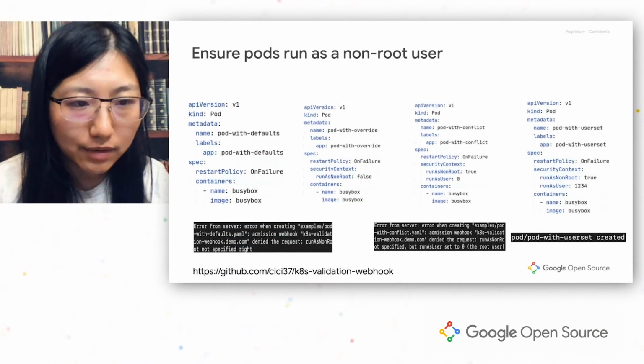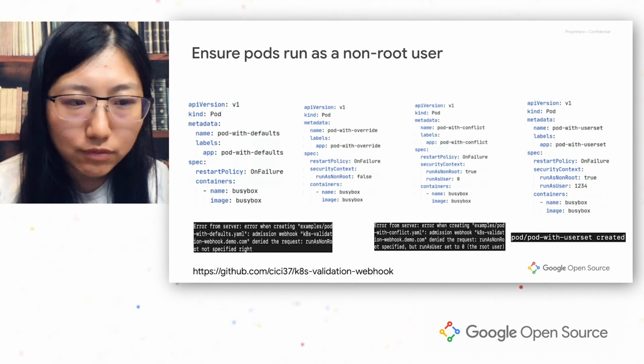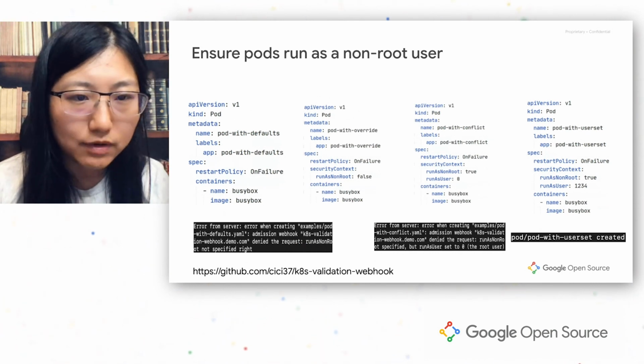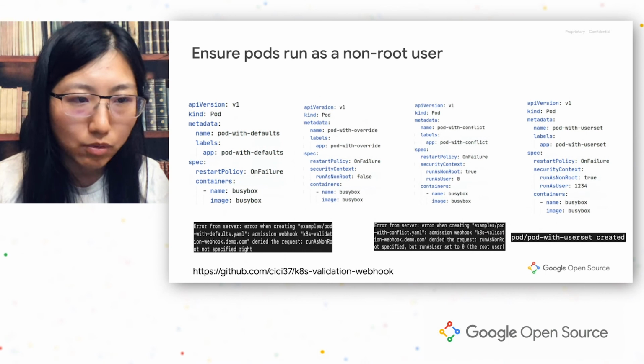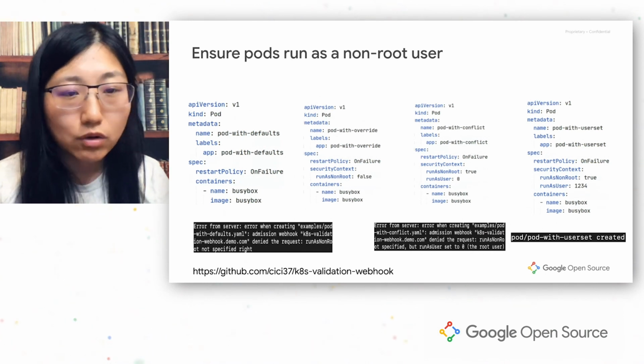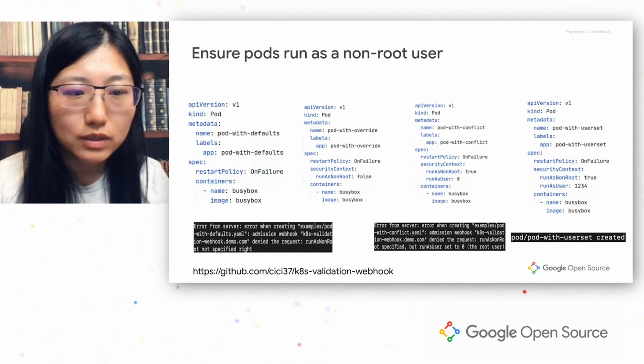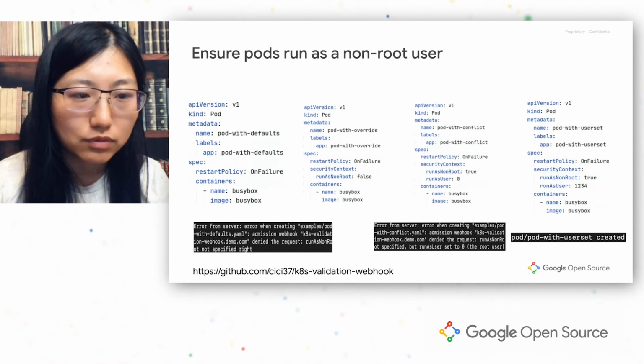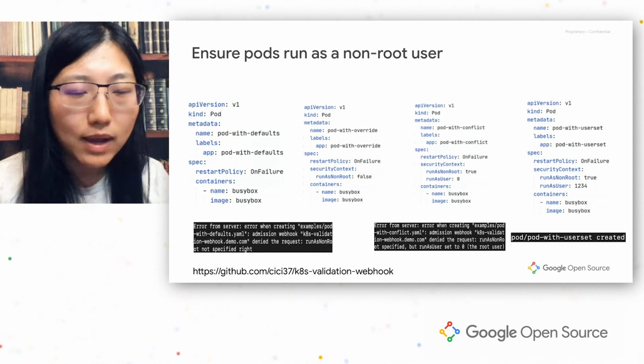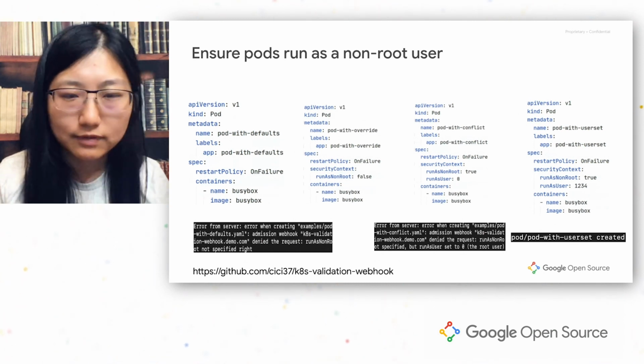And here is the error. Here is the API behavior returned when we try to create the pods. I will not do a live demo in this talk, but I have all the demo code uploaded to GitHub. If anyone is interested, please feel free to take a look.